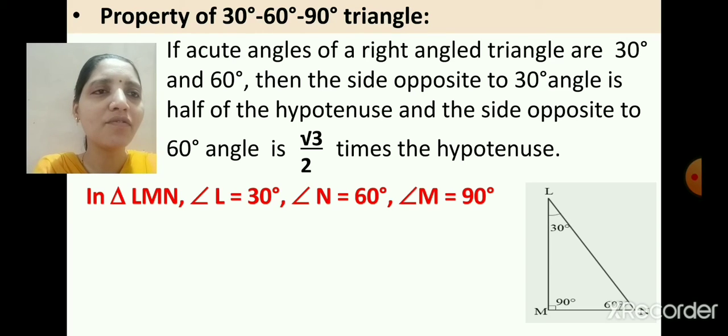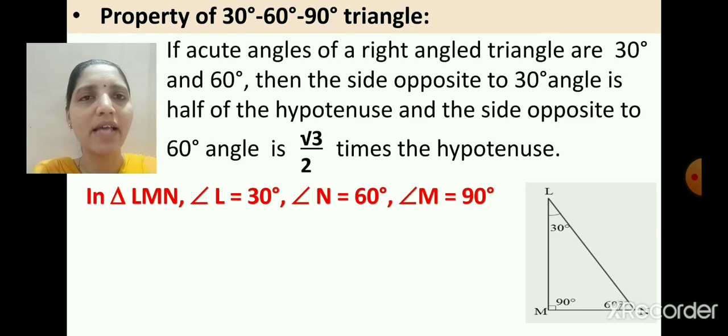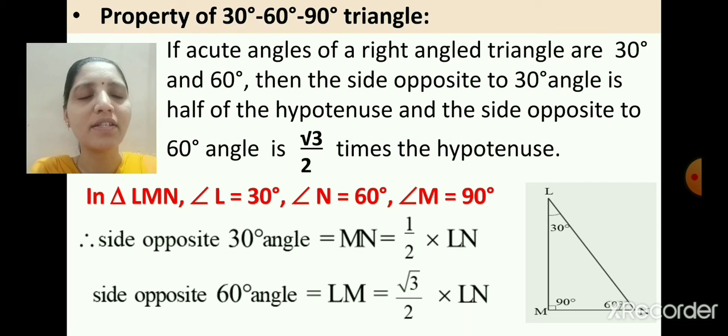Now let's try to understand this with an example. Here I have considered triangle LMN. In triangle LMN, what is given to us? Yes, angle L is given as 30 degree and angle M is given as 90 degree. So what can you write here? The side opposite to the 30 degree angle is equal to half of the hypotenuse, that is half of LN.